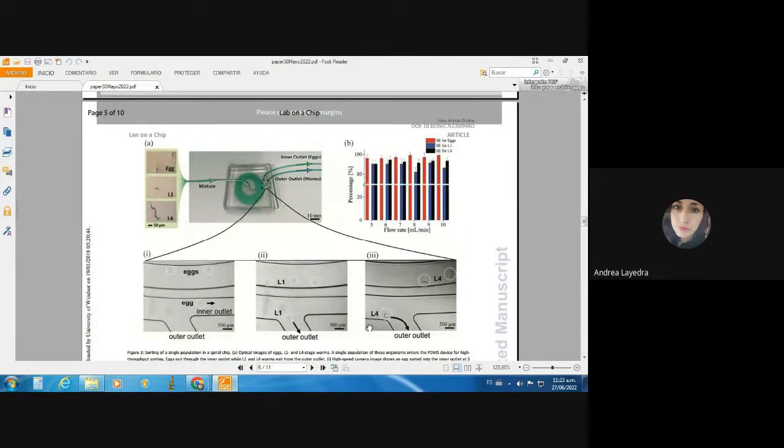This figure shows the relatively high flow rates above 1 milliliter per minute. C. elegans eggs migrate towards the inner wall of the spiral channel, while larger L1 and L4 worms became focused along the outer wall of the spiral channel.